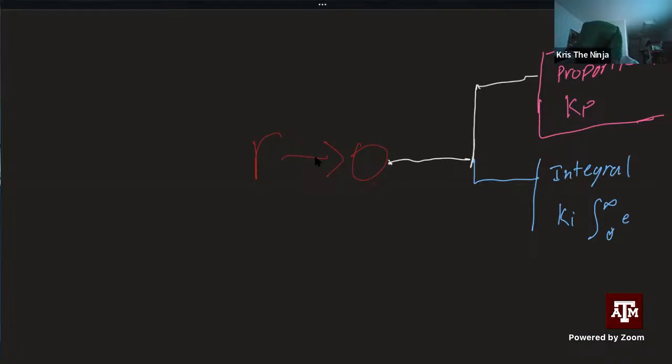And then we'll have our derivative in like diamond teal.